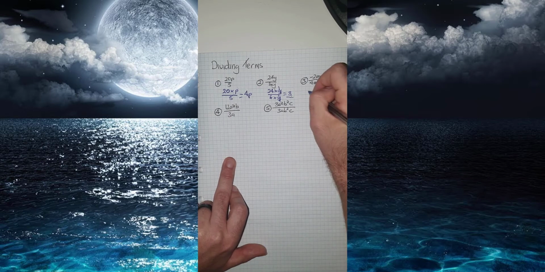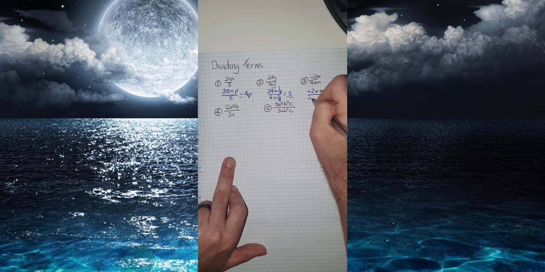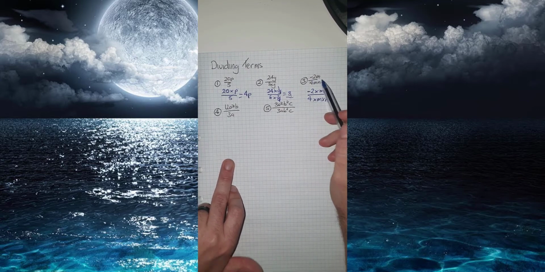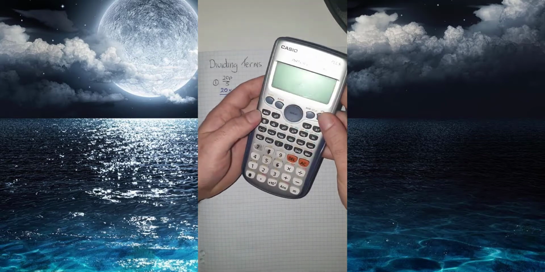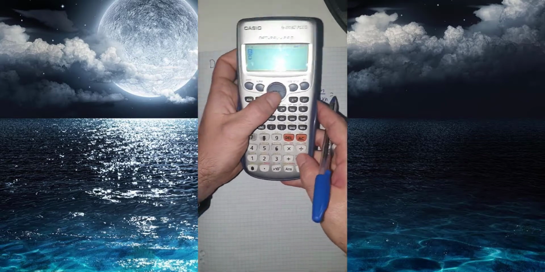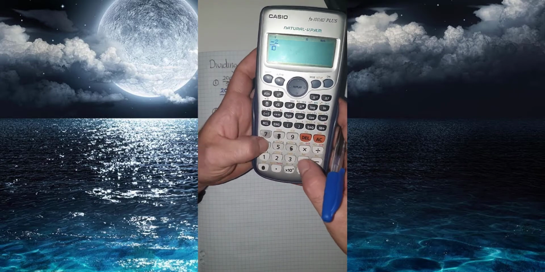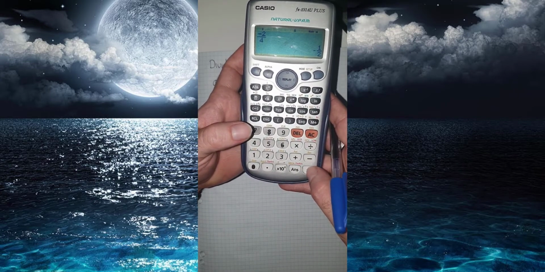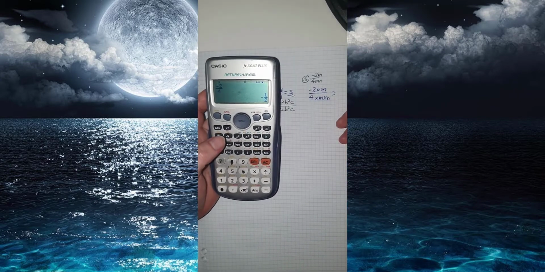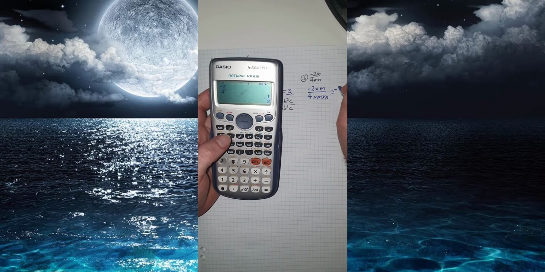Now let's look at a similar example, with 3 over 4 times m times n. Now this is a little bit tricky in the sense that it's minus 2 divided by 4. If you're a little bit stuck on these types of fractions, put it into your calculator as such. So you've got minus 1.5.